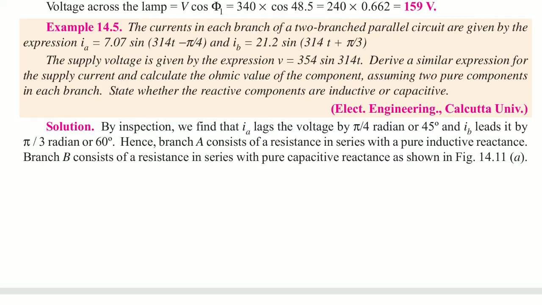Minus pi by 4 means it is lagging, that is 45 degrees. IA lags the voltage. That means here inductance is present. Lags means in an inductor only the current is lagging.